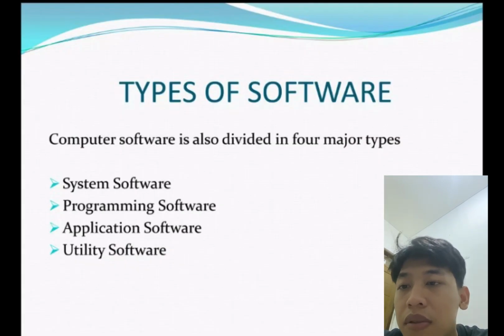And then is types of software. Computer software is also divided into 4 major types. One is system software, 2 programming software, 3 application software, and 4 is utility software.